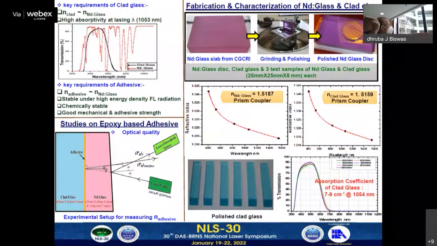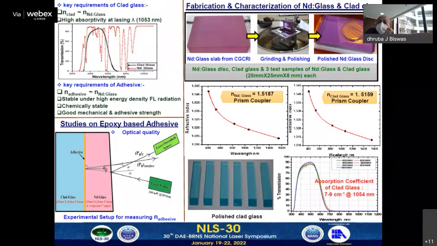There are certain key requirements which the clad glass and adhesive have to satisfy. First, for the clad glass, its refractive index should match that of the ND glass. We have measured it using the prism coupling technique. The second requirement is that it should have high absorption at the lasing wavelength, which we have measured using a spectrophotometer. There are certain key requirements which our adhesive should also satisfy.